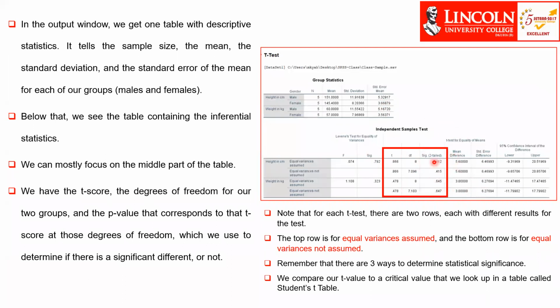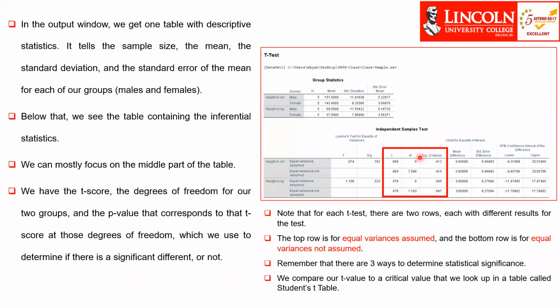We can mostly focus on the middle part, this part that is highlighted in red. We have the t-score, the degrees of freedom of our two groups, and the p-value that corresponds to the t-score at those degrees of freedom, which we use to determine if there is a significant difference or not.